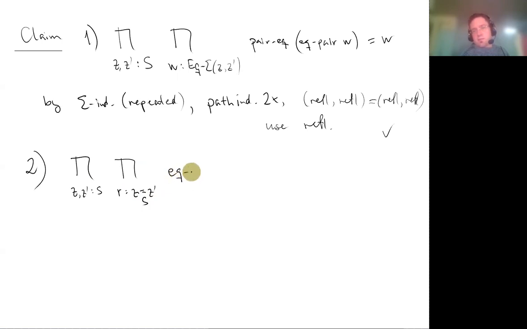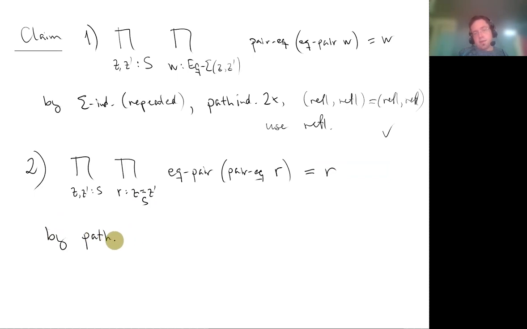I can remake an equation out of a pair of equations, and I can make a pair of equations out of one equation. And I want to identify that here. And then now we have something where we can apply path induction. We have this claim for every z prime and an identification of z with z prime. So we just do path induction.